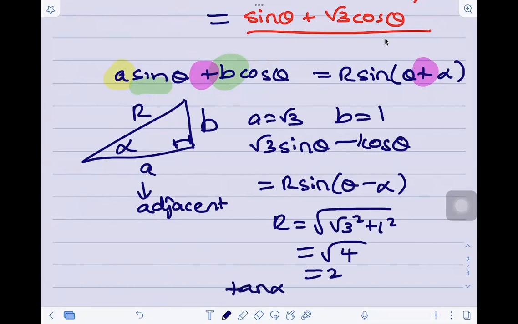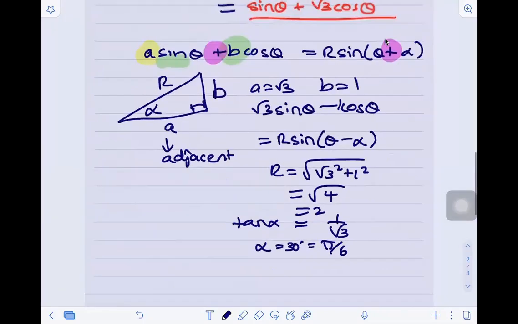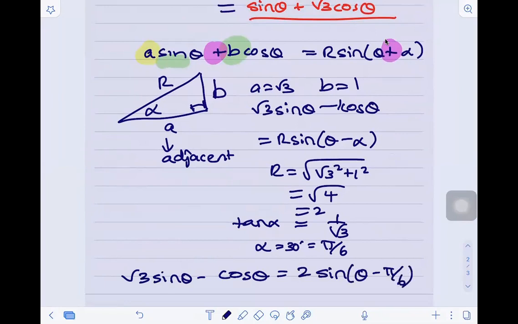And tan alpha, I'm interested in the acute, so I don't need the negative, is 1 on root 3. Alpha is 30 degrees, which is pi on 6. So therefore, root 3 sine theta minus cos theta equals 2 sine theta minus pi on 6.